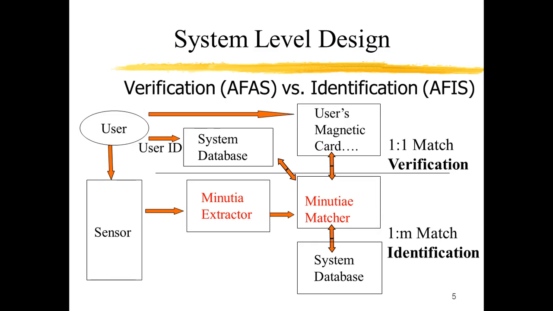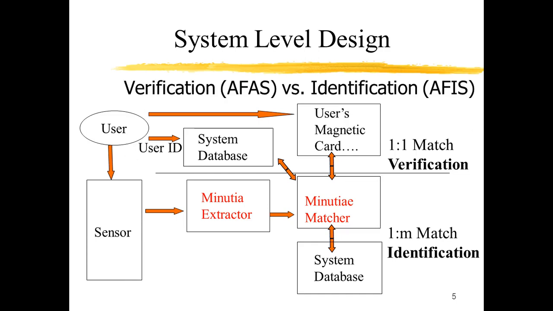Fingerprint recognition is basically used for two purposes: verification and identification. In the verification process, generally we input the fingerprint of a user along with a particular identification number, such as a name or a phone number or a particular ID. This is fed into the system database where we look for a match between the input fingerprint and the fingerprint in the database pertaining to the given ID.